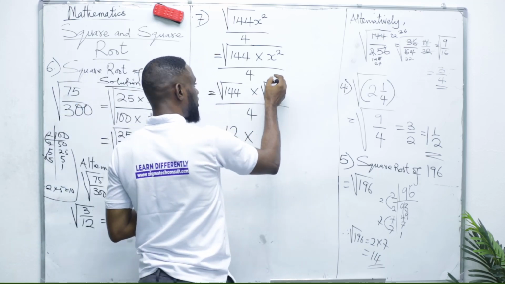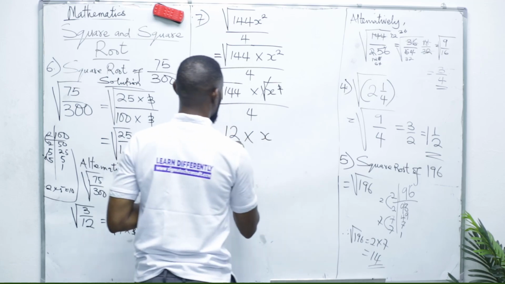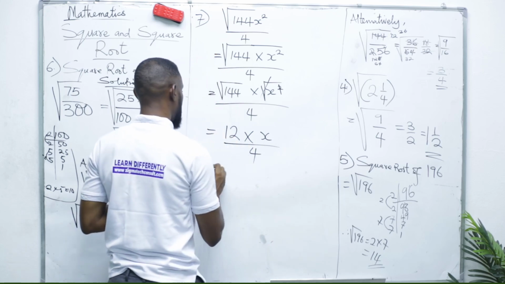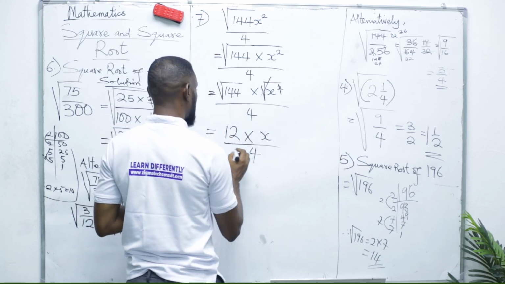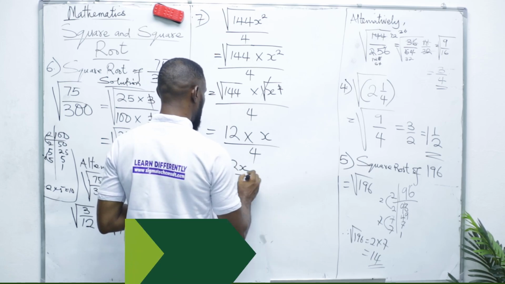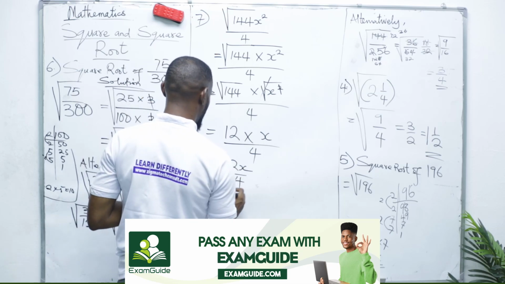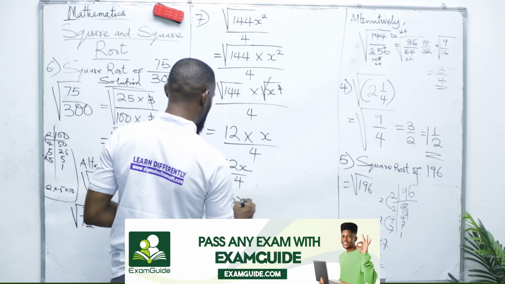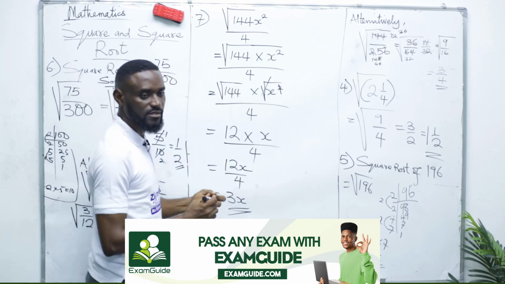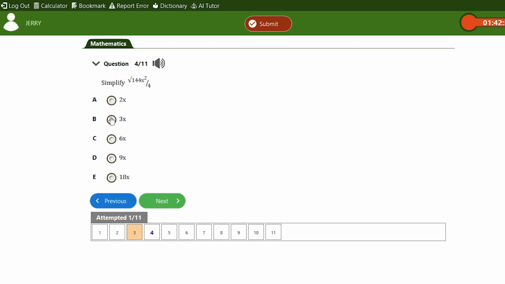So this square takes off the square root to give us x, all over 4. So 12 times x gives us 12x divided by 4. So 12x divided by 4 is equal to 3x. And that is the answer to this particular question.